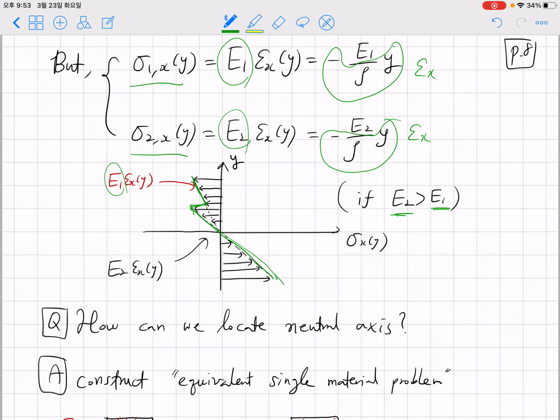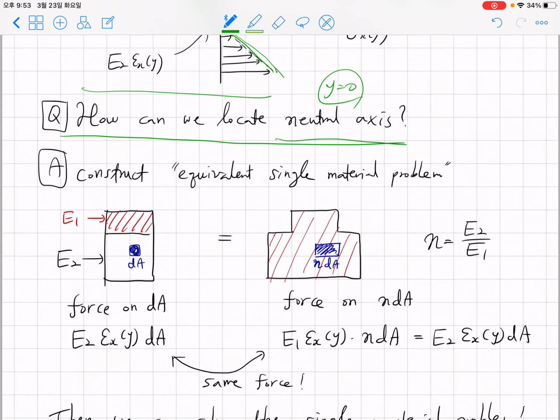Neutral axis means the location where the original length does not change under pure bending. So once we locate the neutral axis point as y equals 0, then we can obtain the strain, and from strain we can obtain the stress distribution. So our first job to solve a composite problem is locating the neutral axis. So how can we do that?